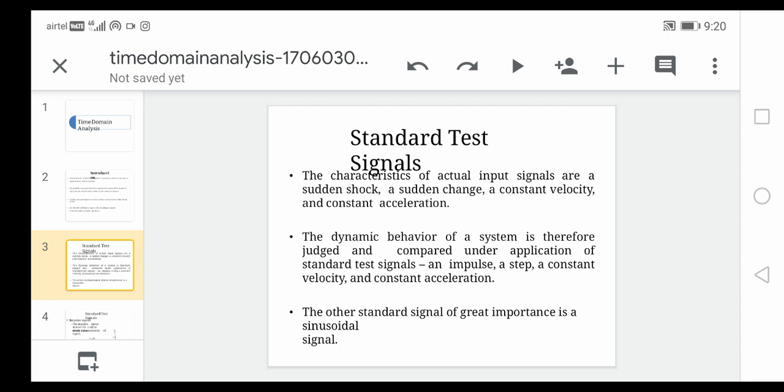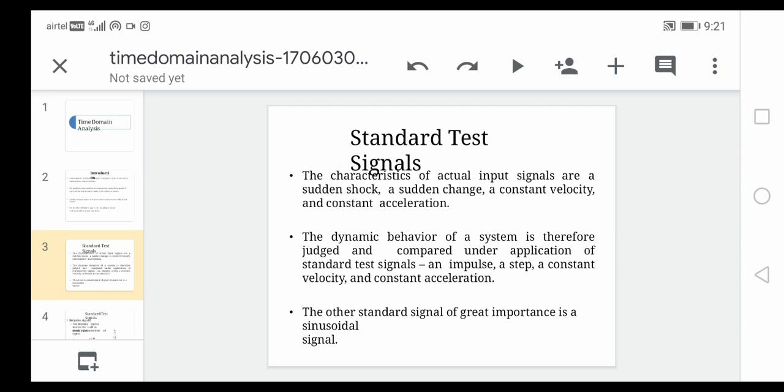The characteristics of actual input signals are a sudden shock, a sudden change, constant velocity, and constant acceleration. The sudden shock is what we call an impulse signal. A sudden change is a step signal.